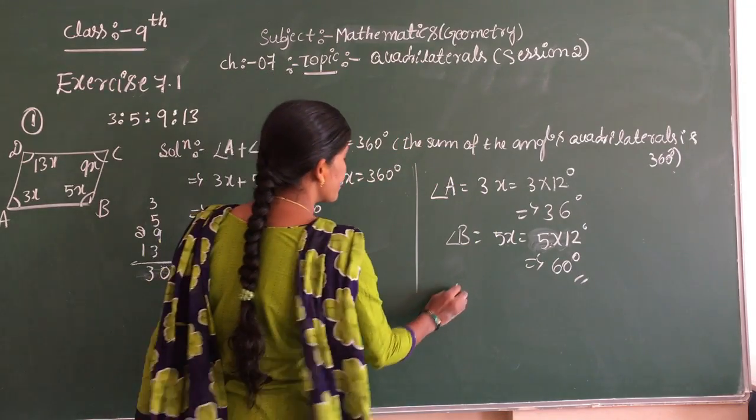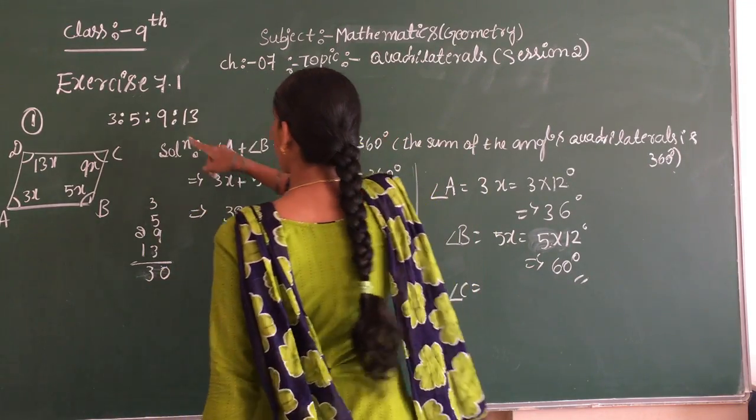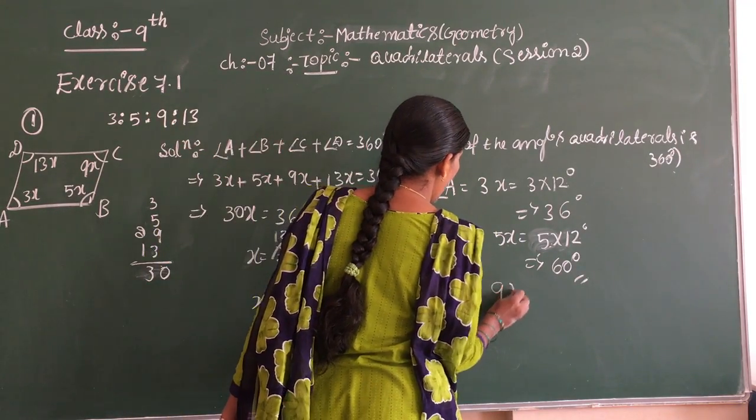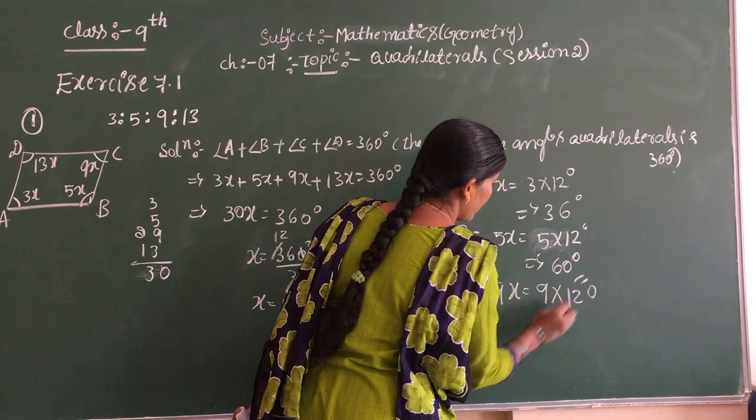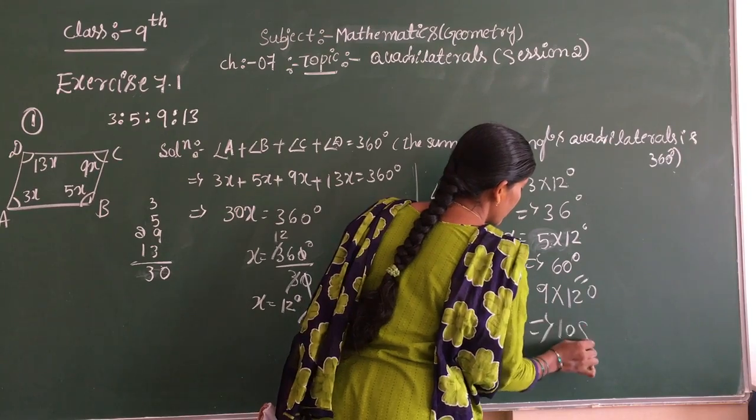Next, angle C is 9x, 9 into 12 degrees. 12 nines are 108.